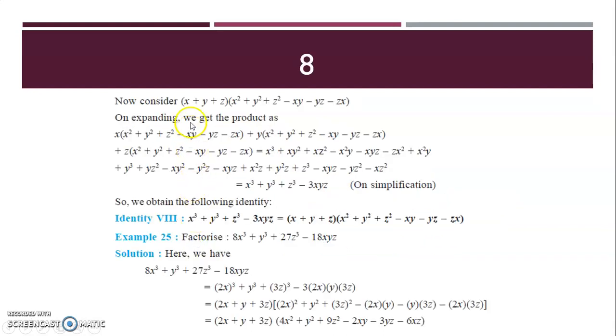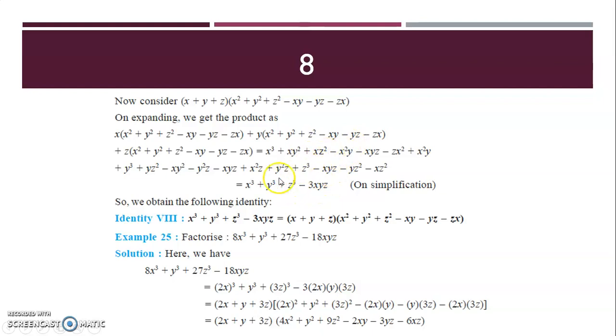Now another identity would be: consider x plus y plus z times x square plus y square plus z square minus xy minus yz minus zx. So I multiply x into this whole expression plus y into this whole expression plus z into this whole expression. When I expand and simplify the calculation, I'll get x cube plus y cube plus z cube minus 3xyz.